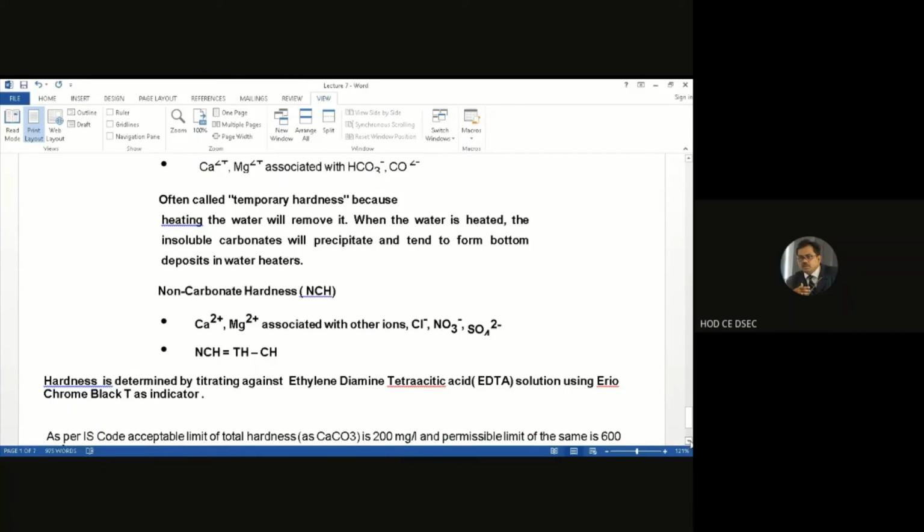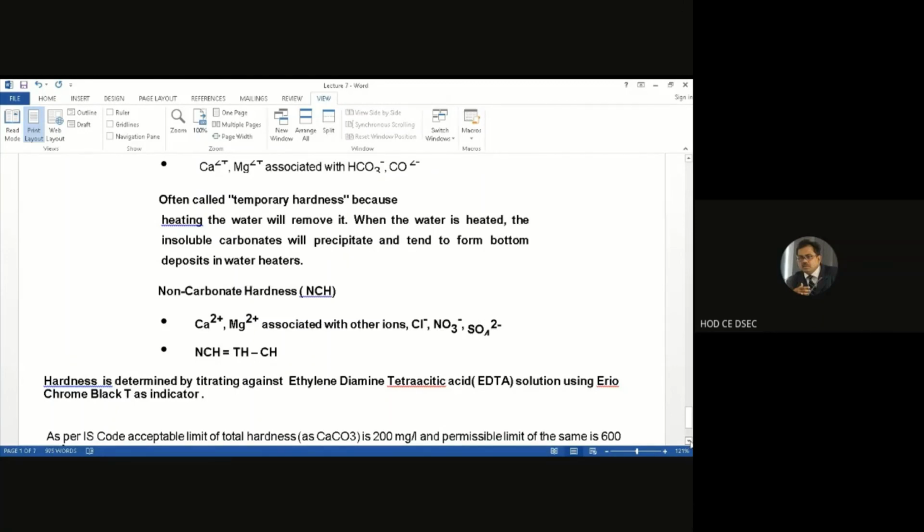Non-carbonate hardness is the total hardness minus carbonate hardness. If we know the total hardness and the carbonate hardness, the difference gives us the non-carbonate or permanent hardness.